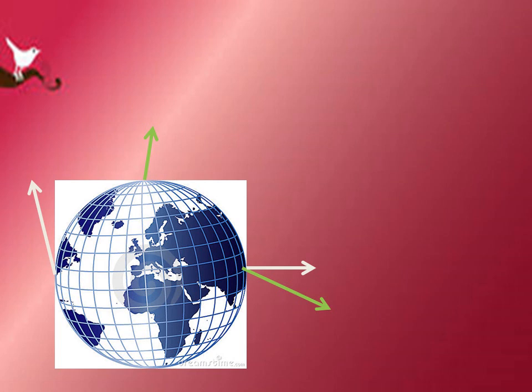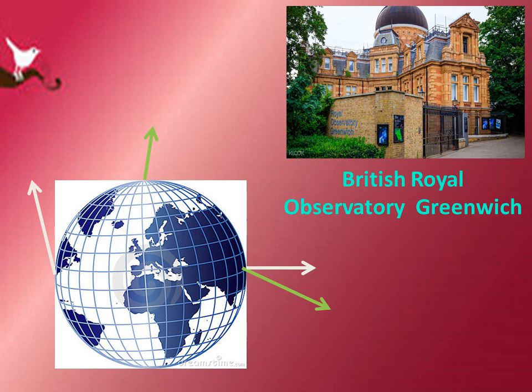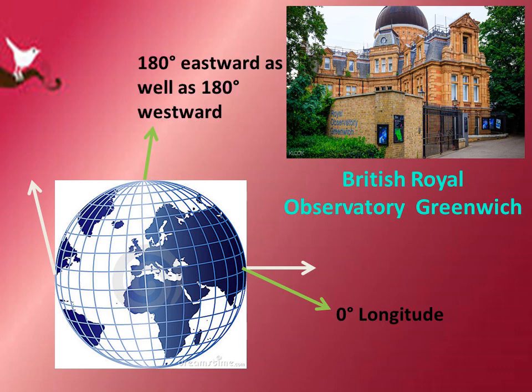So students, since it was difficult to number the meridians, all the countries decided that the count should begin from the meridian which passes through the British Royal Observatory in Greenwich. This is called the prime meridian, and its value is 0° longitude, and from it we count 180° eastward as well as 180° westward.